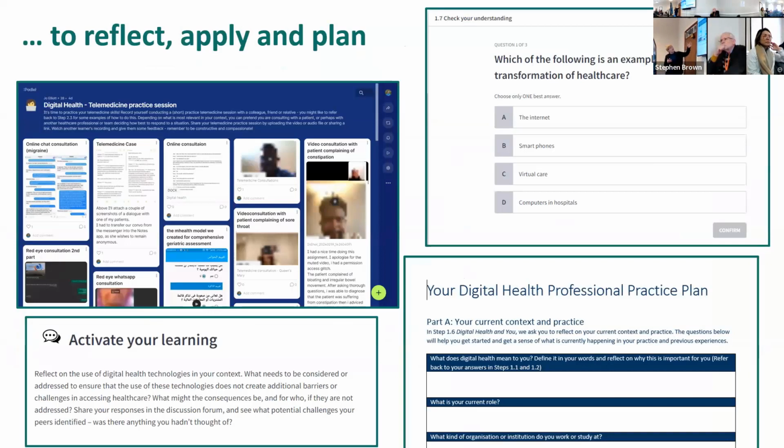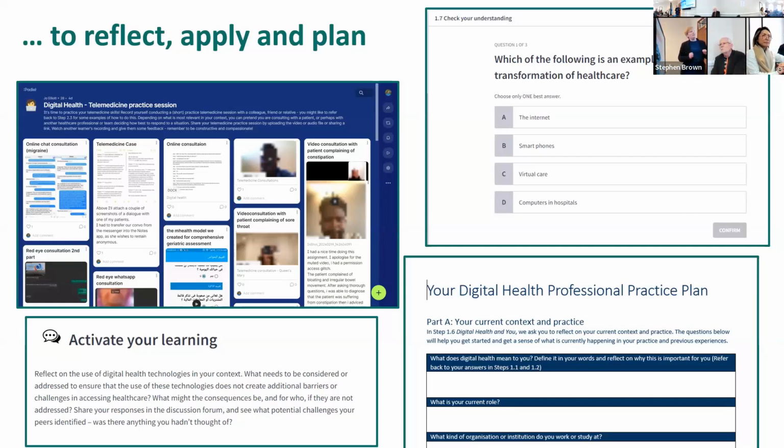We've got an example here of a panel that we created for an activity in which people were practicing their telemedicine practice in whatever context made sense for them, whether that was collaborating online with their colleagues, or consulting with patients, being able to share that, and that fed into their digital health professional practice plan, which they were working on throughout the 4 weeks of the course, reflecting on their current context, their current practice, things that they might try and draw on, and their plans for the future.